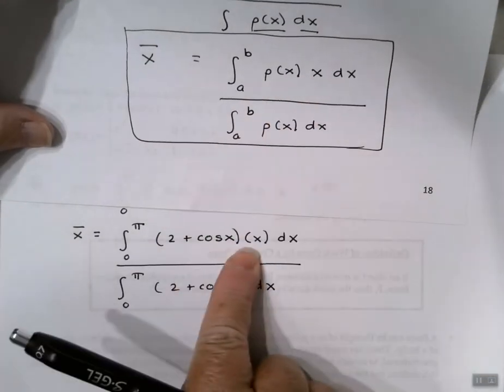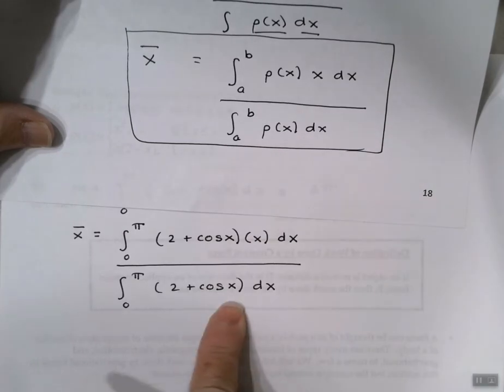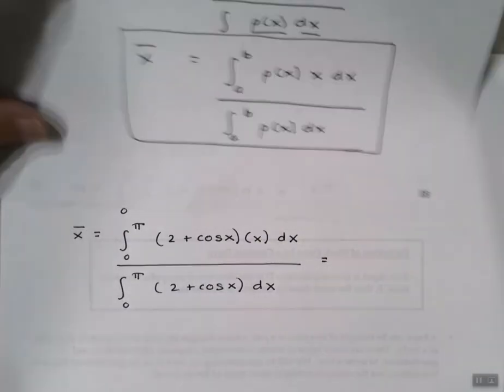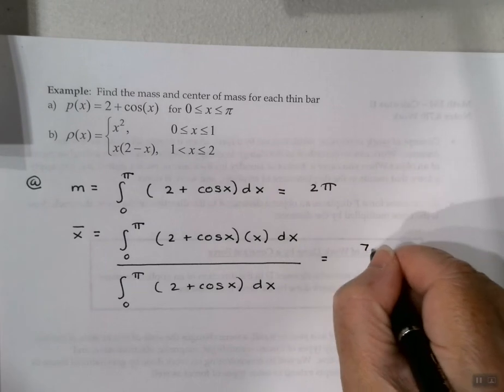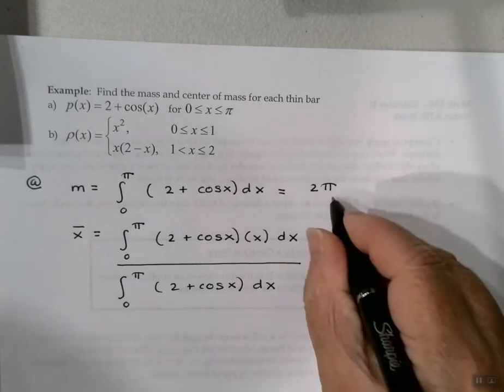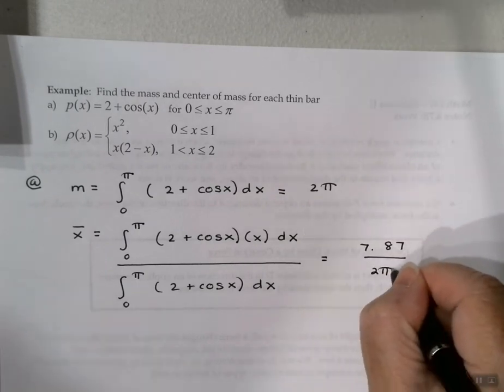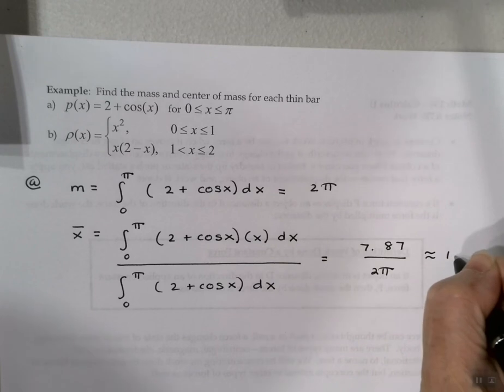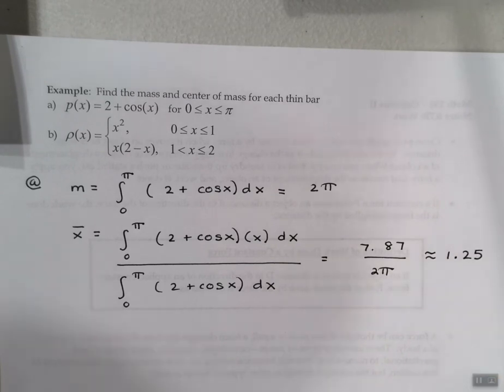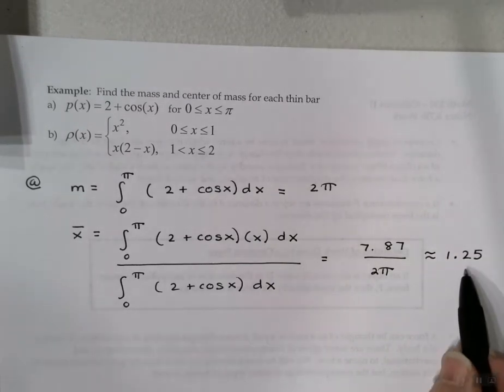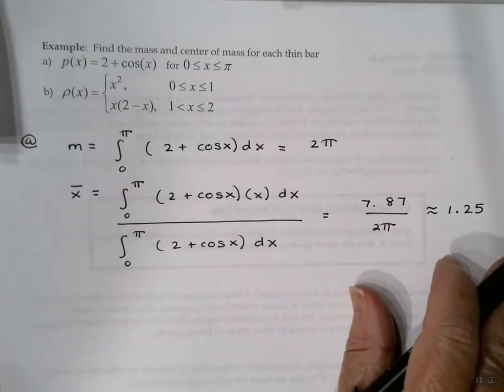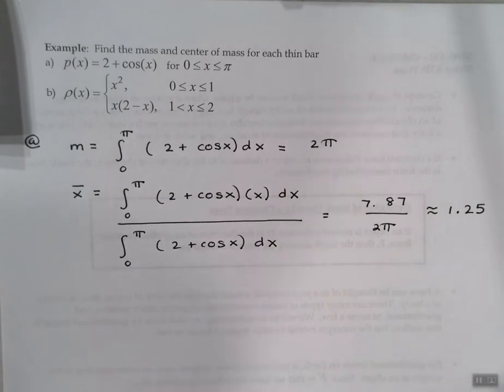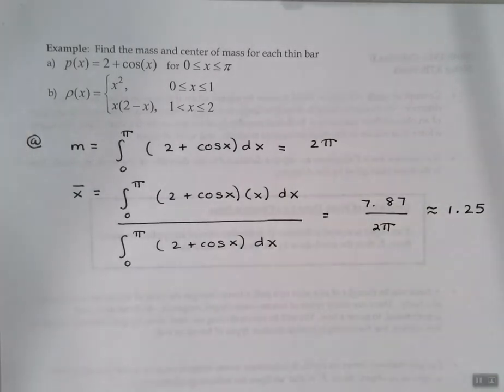Density times x dx, and then just the density dx is all I'm doing. Top integral came out to about 7.87. The bottom is actually this one, it's 2 pi. And so that turns out to be 1.25. So the center of mass here is 1.25 from the left-hand end. The mass of the bar is 2 pi in whatever mass units we happen to be using. Let's try one more.